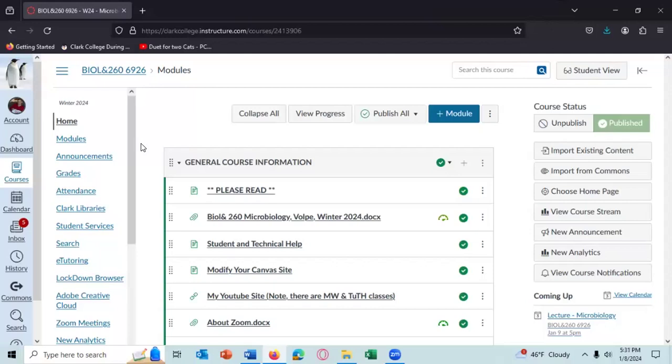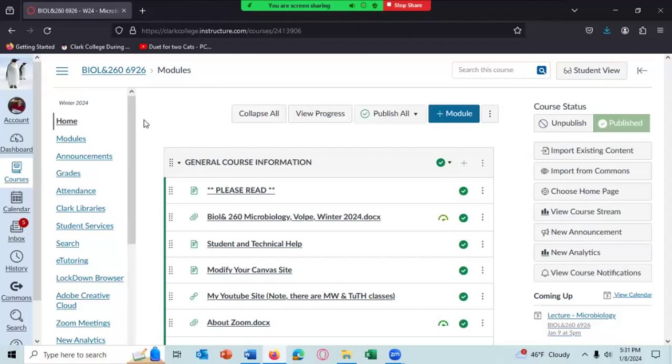Is that how you word it? And I accidentally put this class in the merge, and then I couldn't unmerge it. So I had to get the Canvas administrator to unmerge it. And that may have screwed up the catalog. And hopefully the catalog will correct itself.